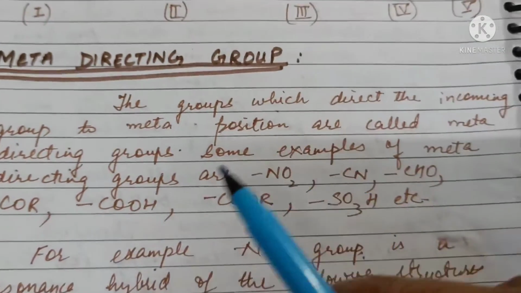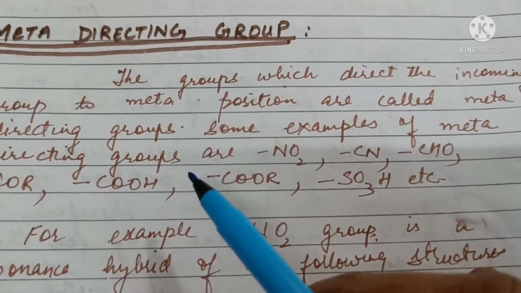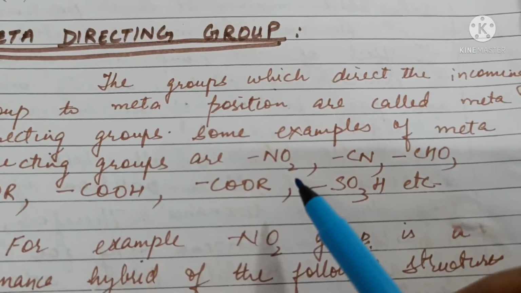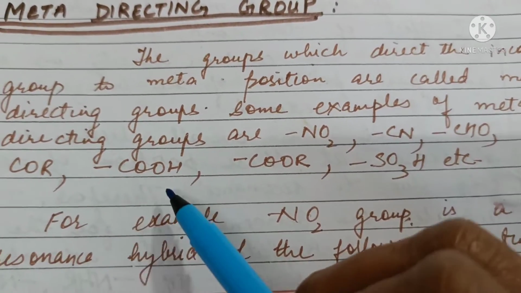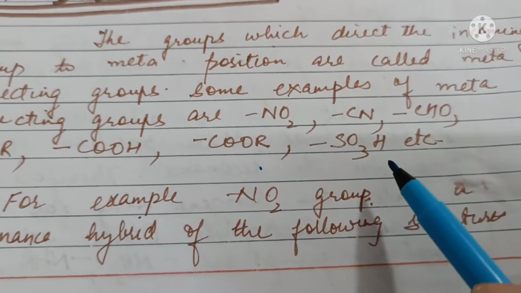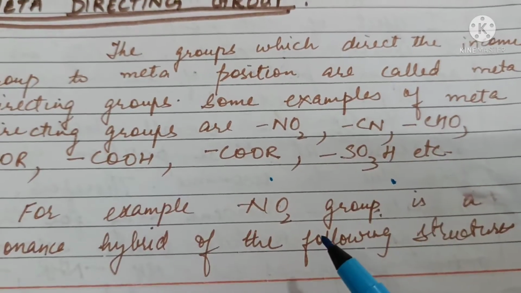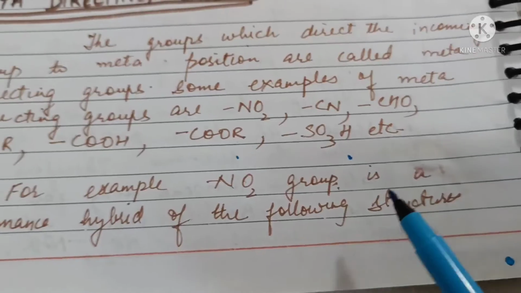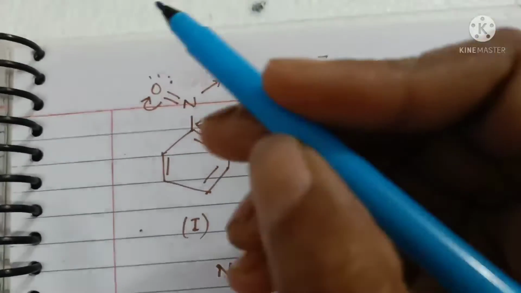The groups which direct the incoming group to the meta position are called meta-directing groups. Nitro, cyano, aldehydic, ketonic, carboxylic acid, ester, and sulfonic acid groups all are meta-directing in nature. For example, the nitro group is a resonance hybrid of the following structures.